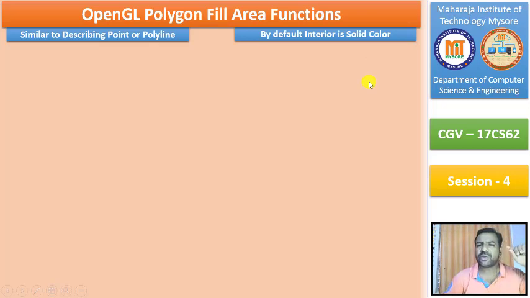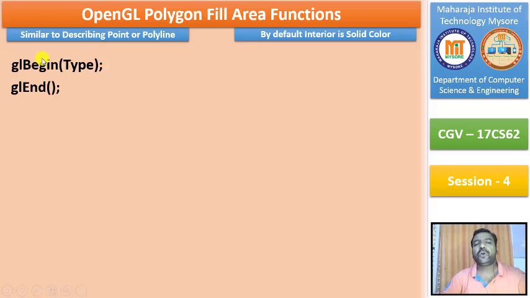As I said, this is similar to drawing a point and a polyline. If you remember how we drew a point or a polyline, it was using the pair of glBegin and glEnd. That is what we are going to do in this session as well whenever we want to handle a polygon. We again have the begin and end pair, and the begin takes a parameter, the type.